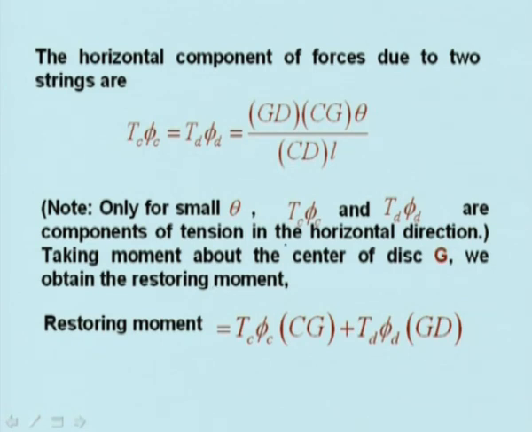Only for small theta, Tc phi c and Td phi d are the components of tension in the horizontal direction. Now taking moment about the center of the disc G, we obtain the restoring moment. So the restoring moment will be Tc times phi c multiplied by Cg plus Td times phi d multiplied by Gd.